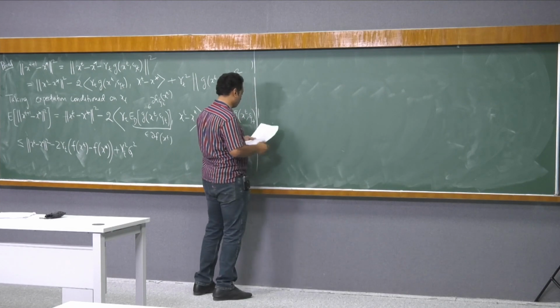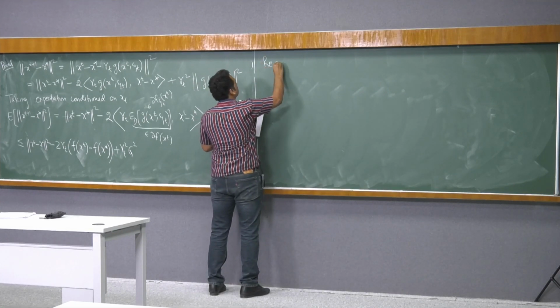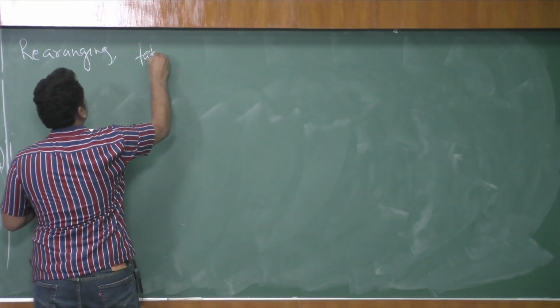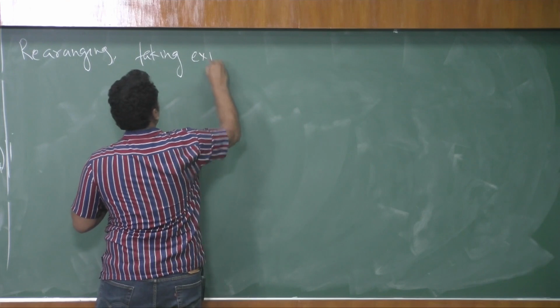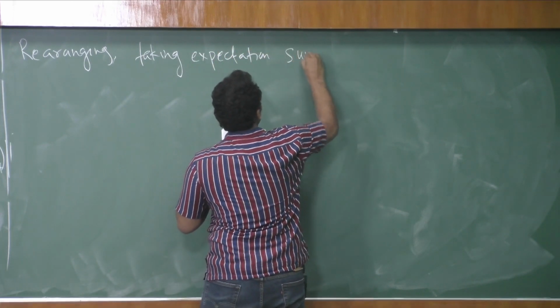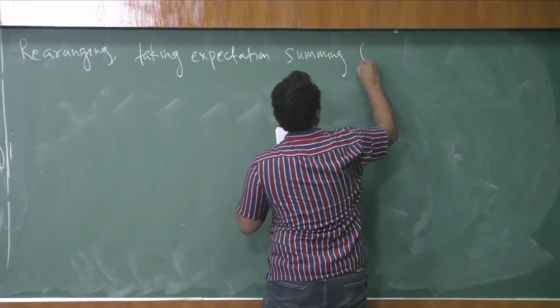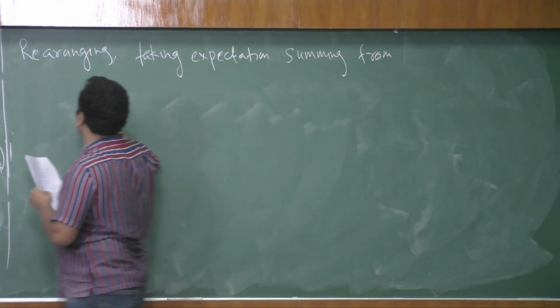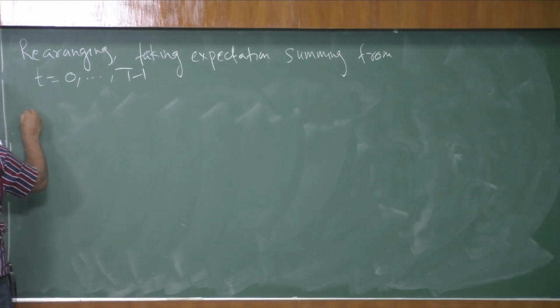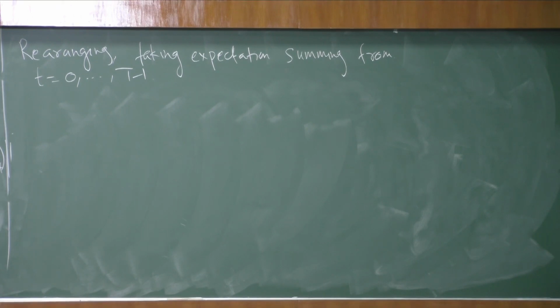So doing this rearranging, and taking expectation and summing from t equals 0 to t minus 1. So we take the expectation, and then we will sum over all the t's now.